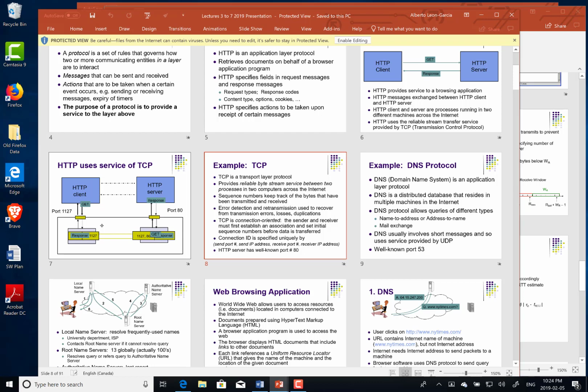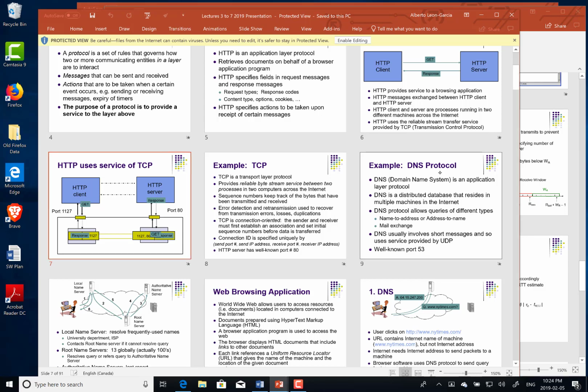So TCP establishes this connection between these two servers. And we saw that it involved port numbers, and later on we also saw that it involved IP addresses, which are below this layer. There are other application layer protocols required to enable this type of connectivity, and one of them is the DNS protocol.